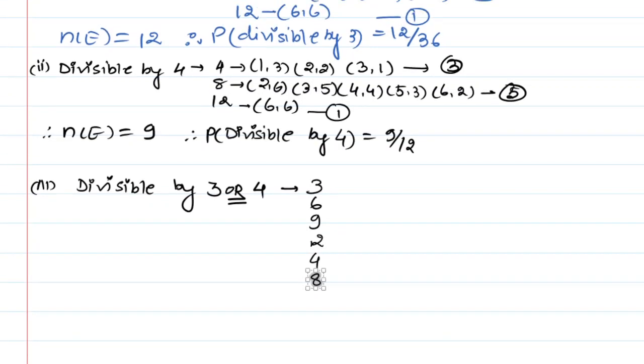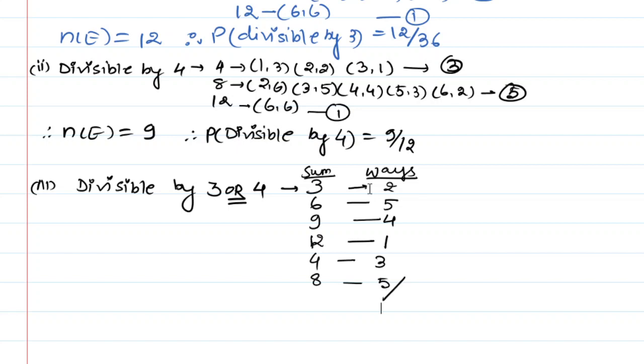Fine. What are the number of ways in which I can get the sum? This is sum and there are number of ways. So I can get 3 in 2 ways, 6 in 5, 9 in 4, 12 in 1 way, 4 I can get in 3 ways and 8 I can get in 5 ways. So total number of ways in which I can get the sum to be divisible by 3 or 4 is 5 plus 2 is 7, plus 4 is 11, plus 1 is 12, plus 3 is 15, 15 plus 5 is 20.